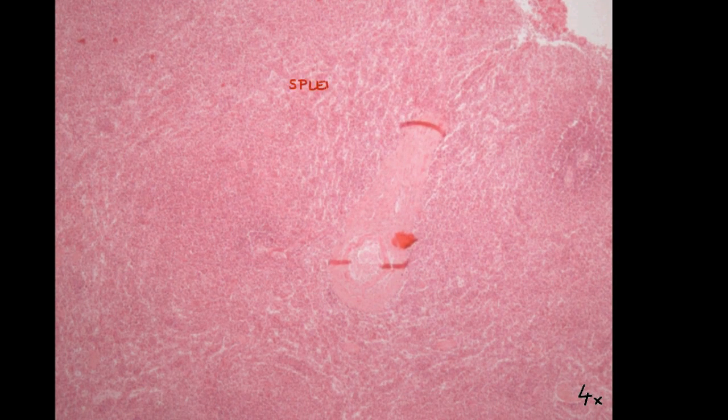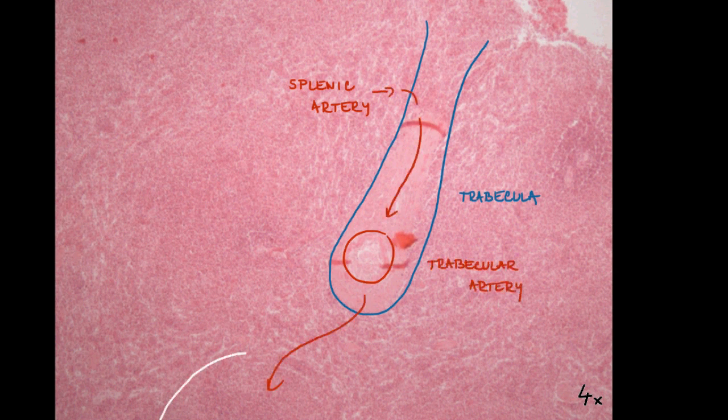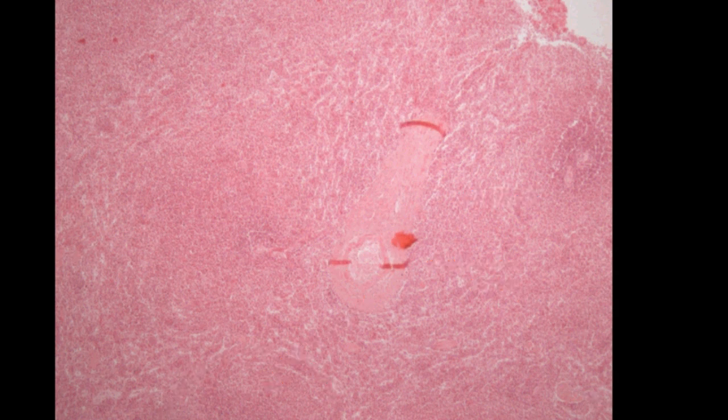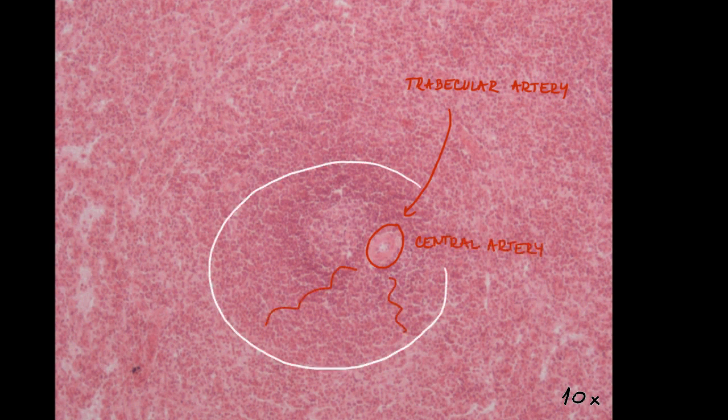Blood supply for the spleen is from the splenic artery, which enters the spleen in the hilum. It's branching into smaller trabecular arteries, which are located in the trabeculae of the spleen, of course. Trabecular arteries branch into central arteries coated with white pulp that emit branches for its supply.